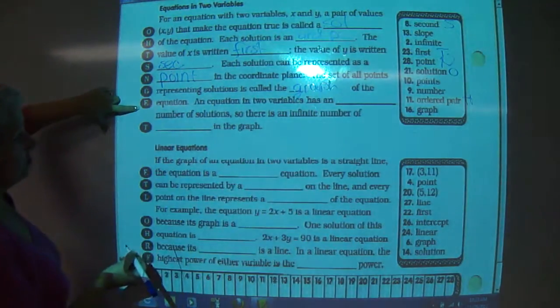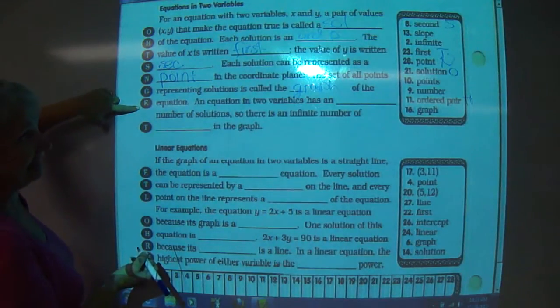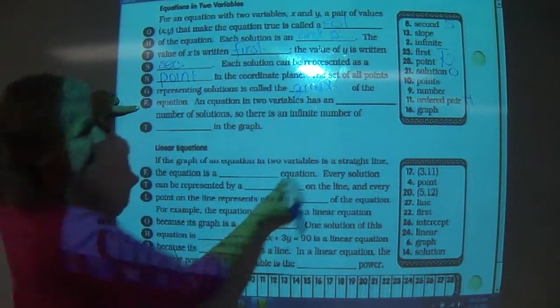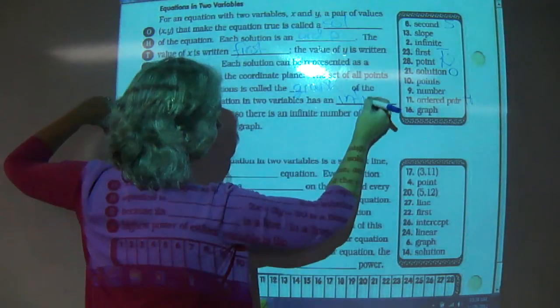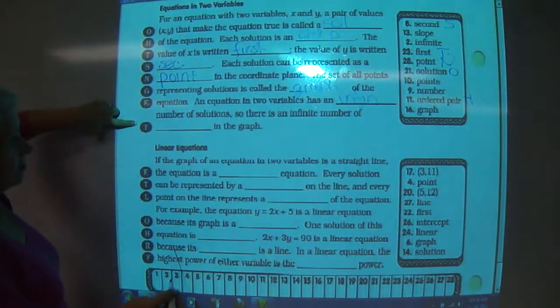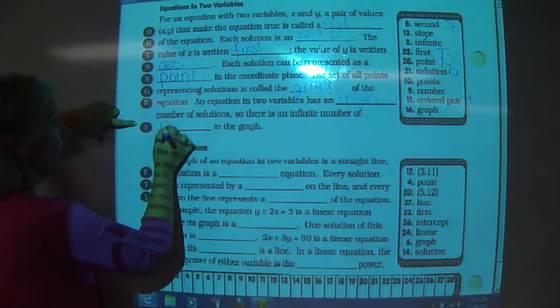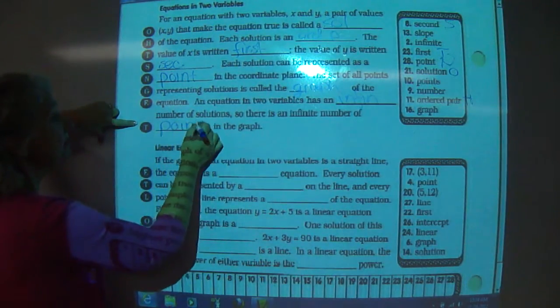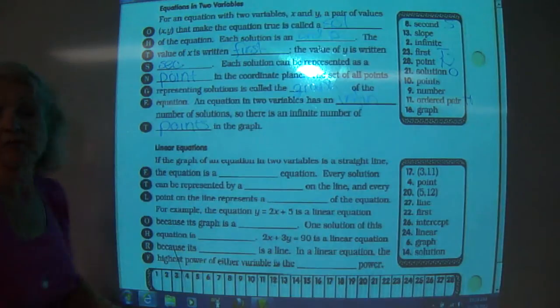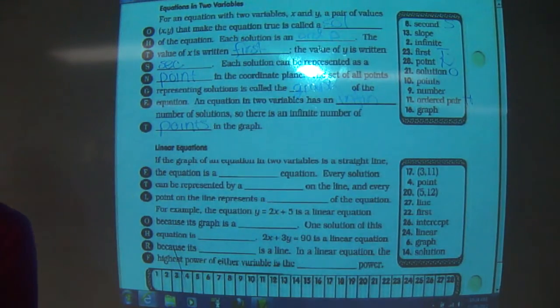An equation in two variables has an infinite number of solutions, so there is an infinite number of points in the graph. Remember, any 2 points, you can stick another one in between it, right?